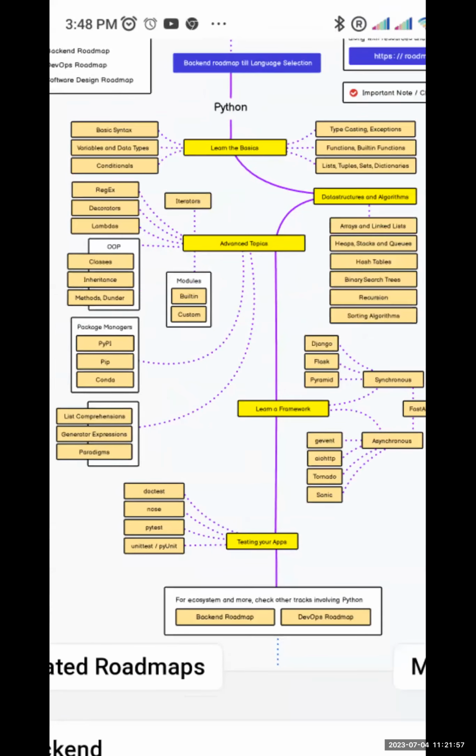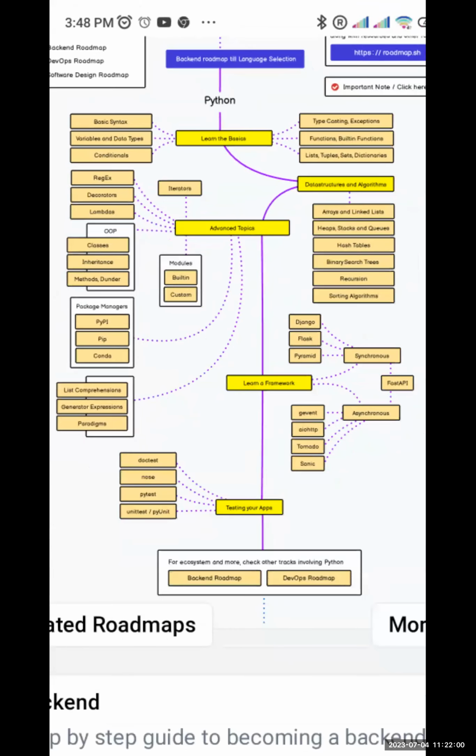Right, it's like a way to memorize quickly. Okay, so this Python basic syntax, variables and data types, conditional statements, we all covered this, right? But the names are different. Type, exceptions, functions. Oh, I can't see actually. Can you zoom a bit? Zoom.